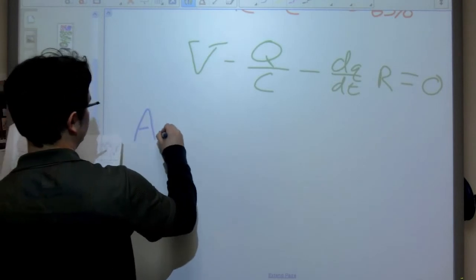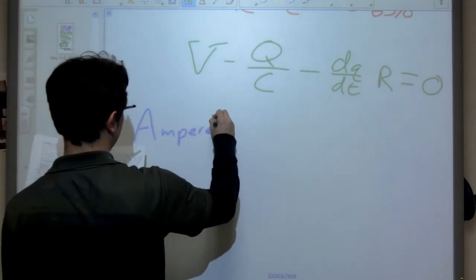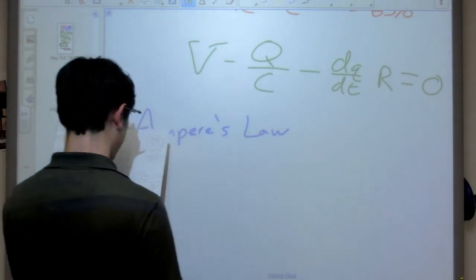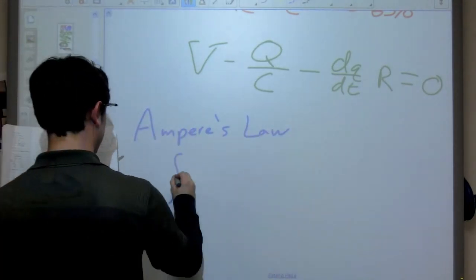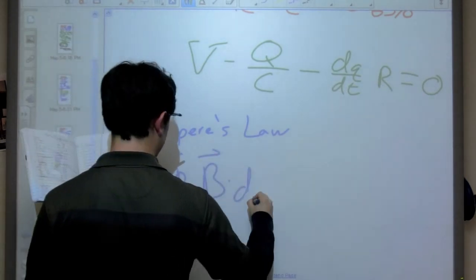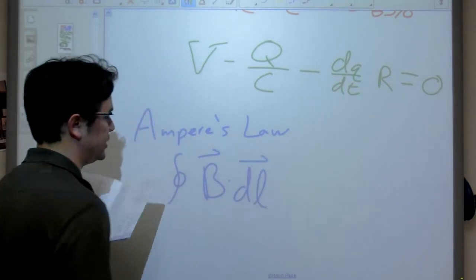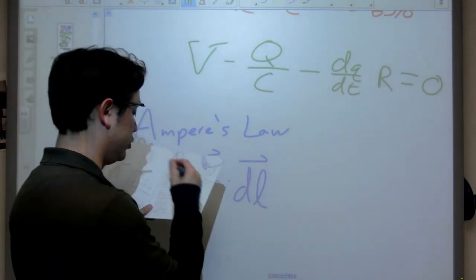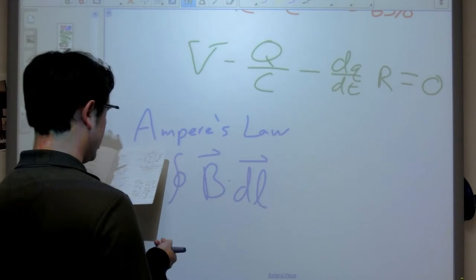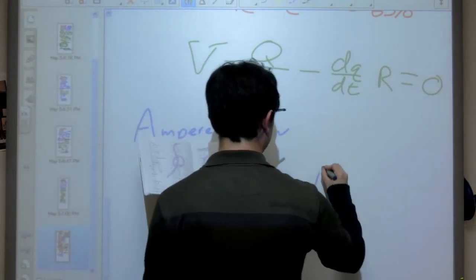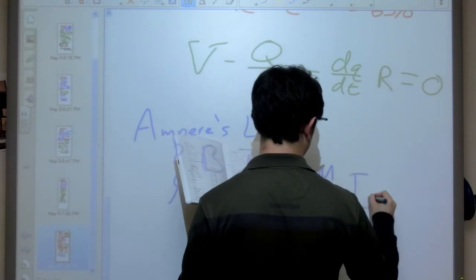So Ampere's Law, stated as follows: closed integral B dot dl. This one is not a surface area integral. It is just integrating around usually a loop. Oftentimes it's a circular loop, though sometimes we've used a square loop depending on our geometries. Equals mu naught times current enclosed.